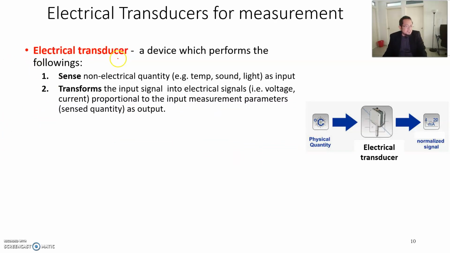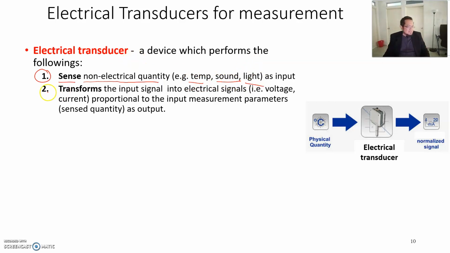So electrical transducers are devices which perform the following. Okay, there are basically two criteria, or characteristics, of an electrical transducer. First, it senses any non-electrical quantity, for example temperature, sound, light, as input. Basically, that's the thing that you want to measure.